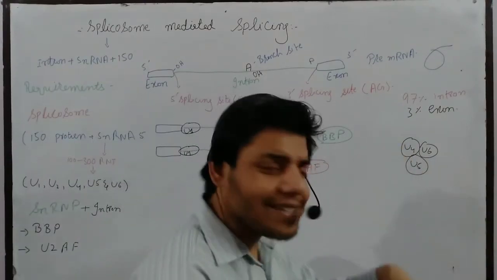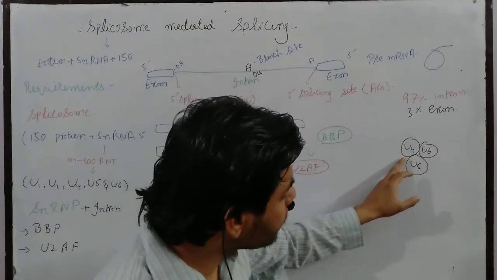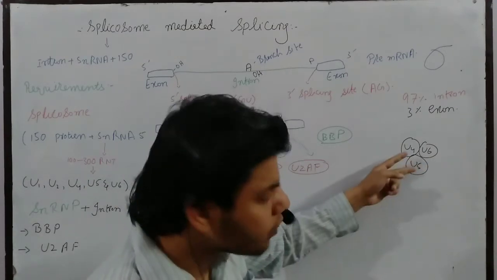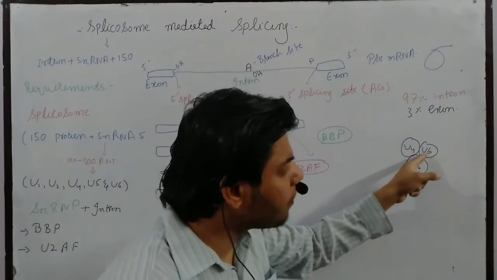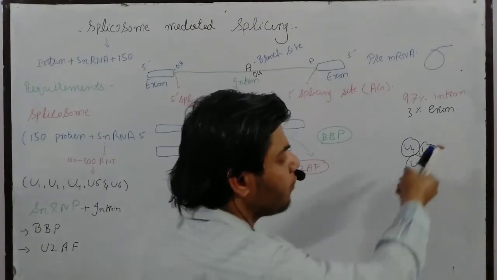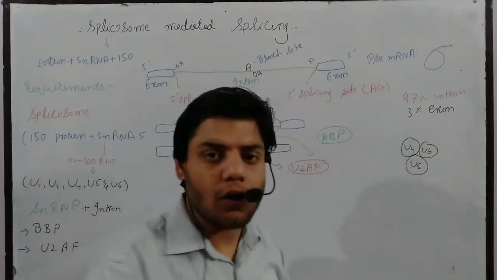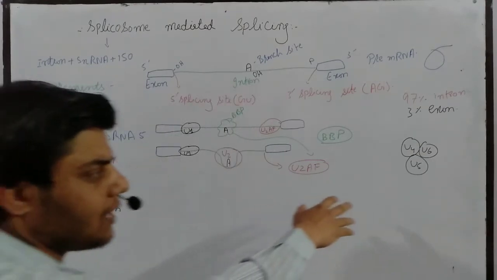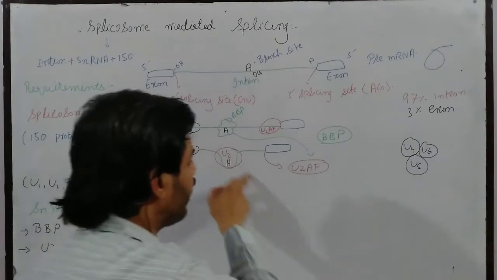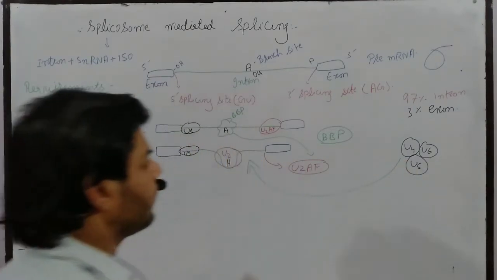Because these are RNA genomes, so definitely there are some sequences complementary to U5, so it will make a complementary structure. There are also some sequences complementary to U6, so it will make a complementary structure with U6. After that we get a tri-snRNA complex like that, and it will then bind to that specific area.